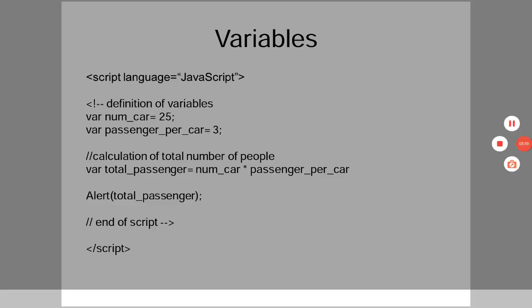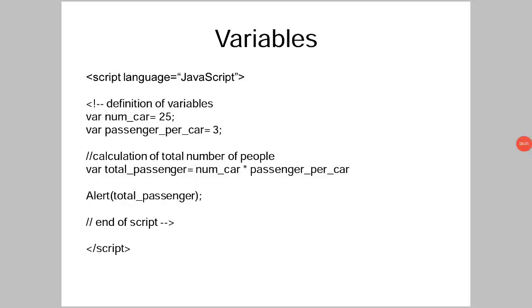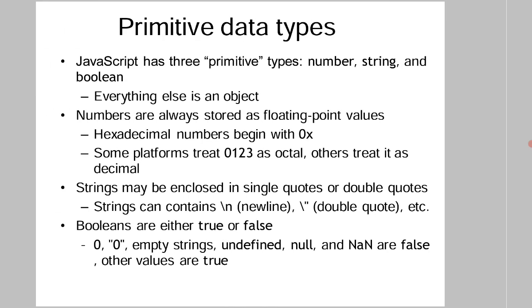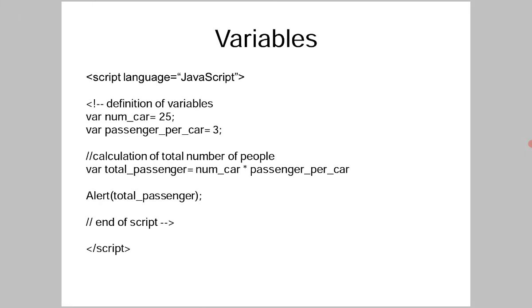So they are called variables. A variable is used to store values in memory locations temporarily during program execution. So how do we define and declare variables in JavaScript?